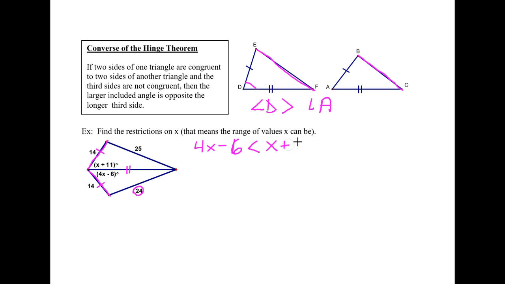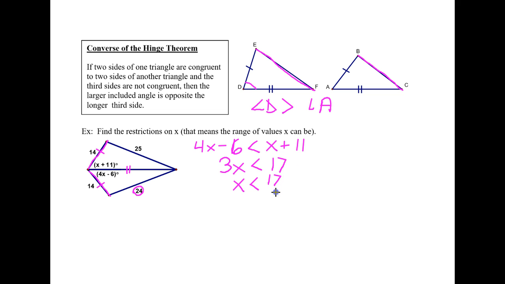Solving this, we could add 6 to both sides and get 17, and subtract x from both sides, 4x minus x, and get 3x. So 3x is less than 17. Then I would divide both sides by 3, so x has to be less than 17 over 3. We can leave it just like that.